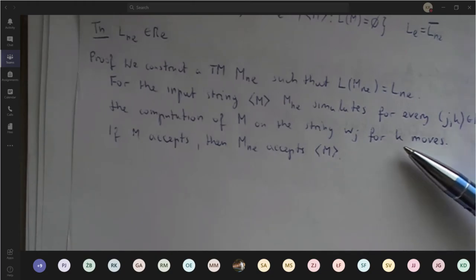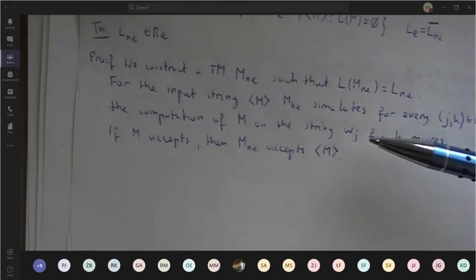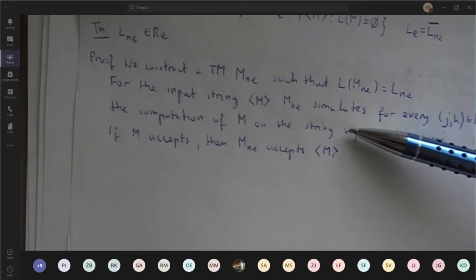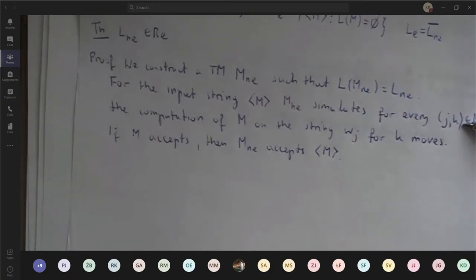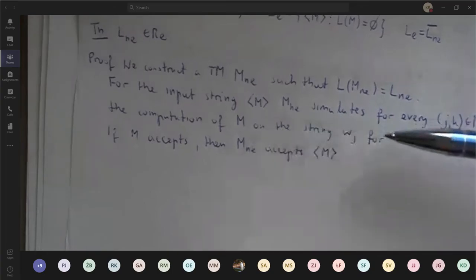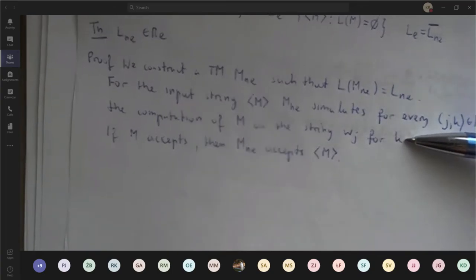Let's denote this number of moves by K. So we know that M accepts Wj after K moves. So eventually, our Turing machine generates this J and K, and will simulate M on Wj for K moves.